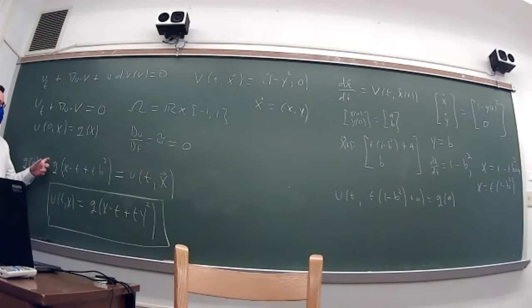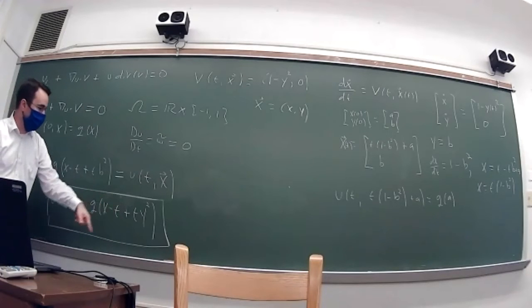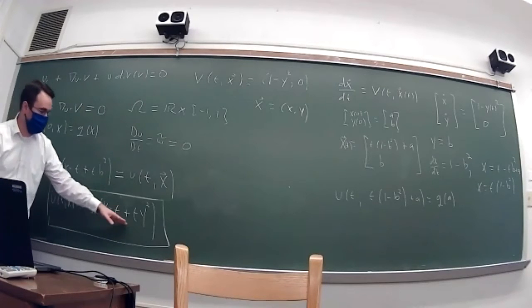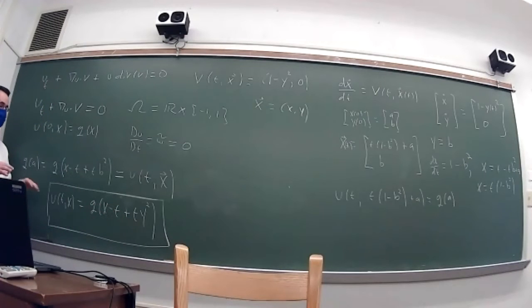So u is a function of three variables, t, x, and y. G is a function of one variable for the initial condition, and you're plugging into a one variable function an expression that involves t, x, and y, but it's still a scalar number. So it all works. Okay.